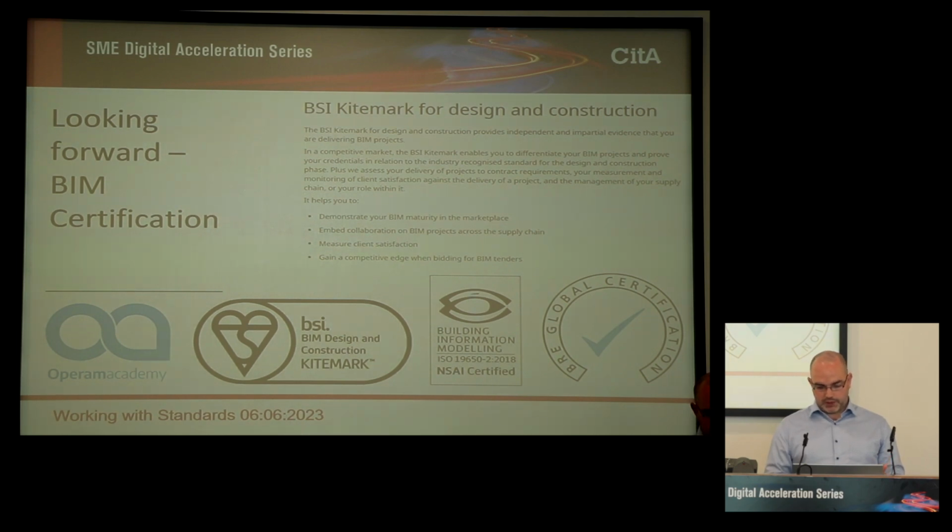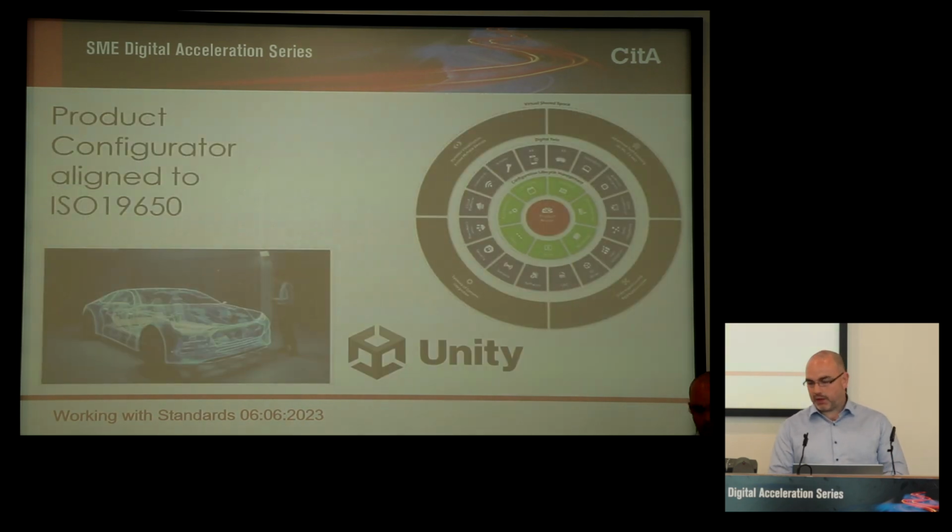Not just certification, one of the things we're looking at is a product configurator selector. Now that we've got the content developed to a standard, and it's all unique, we know what the file type is, we know where it is, and we know exactly what it does, we can start to build on it. Instead of the manual BIM bundle approach we talked about at the minute, we're looking at automating and streamlining that. So come to the website and build your own bundle based on this system.